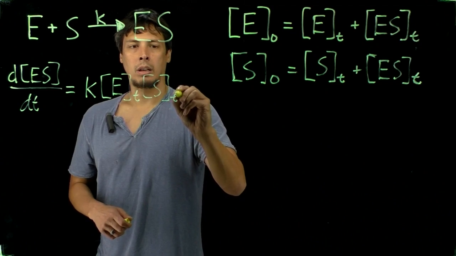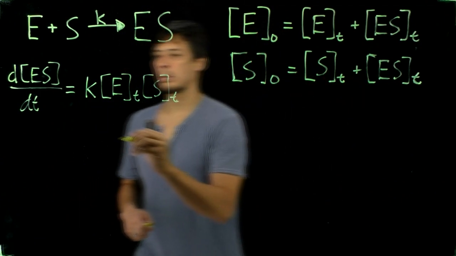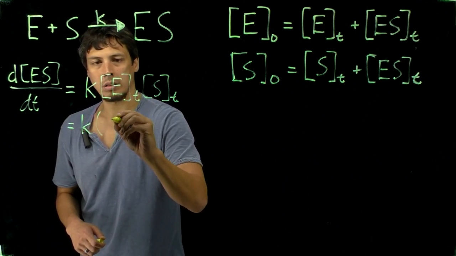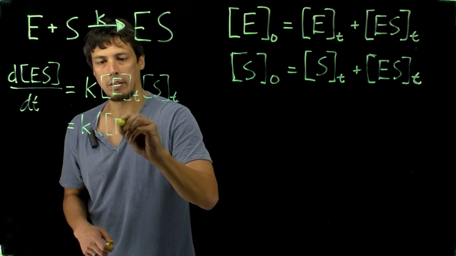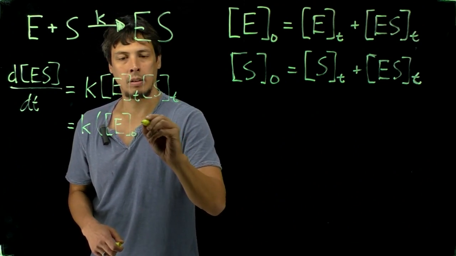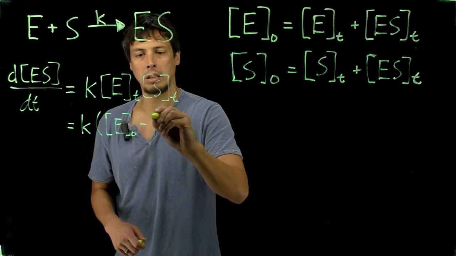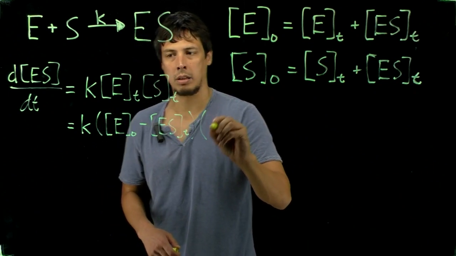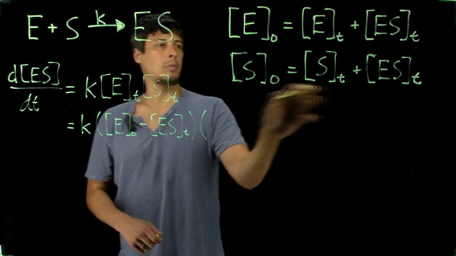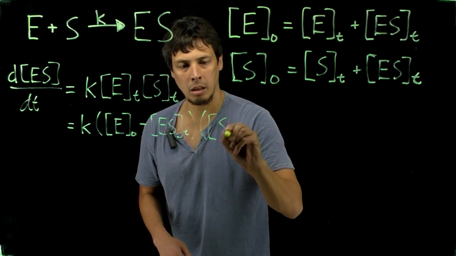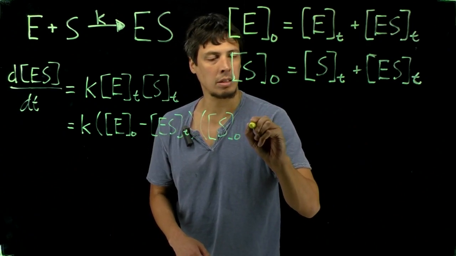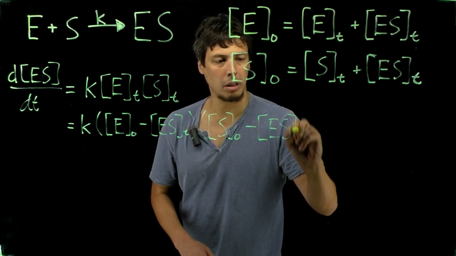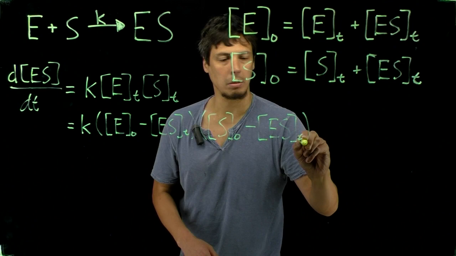And then we have to rearrange this and substitute in, and what that ends up looking like is something like this, where we have the initial concentration of E minus [ES] at time t, times, for the S term, we rearrange this, and this becomes the initial concentration of S minus the concentration of S bound to the enzyme, which is the enzyme substrate complex.